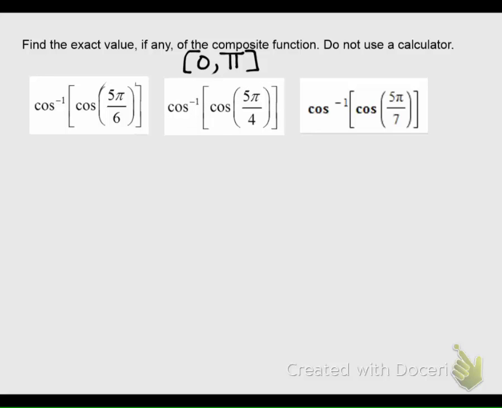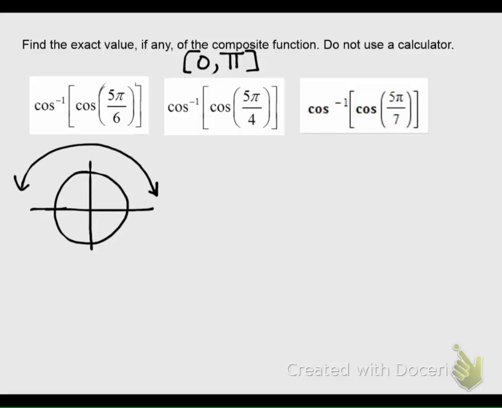Okay, so for the first one, we need to be in here, 0 to pi. We're at 5 pi over 6, so that's 1, 2, 3, 4, 5 pi over 6 right here. That is between 0 and pi, so that's the answer.